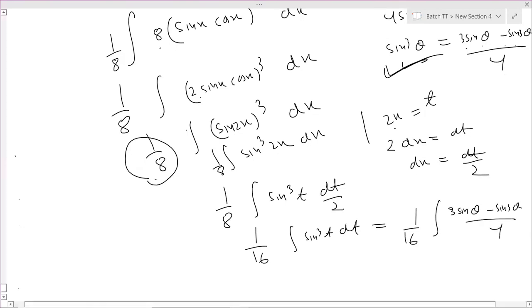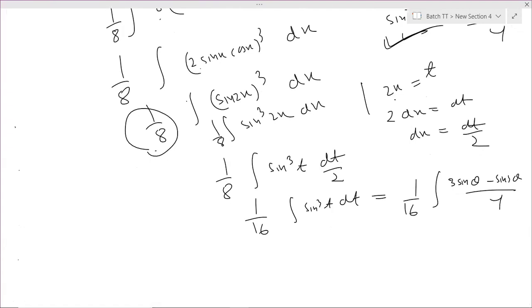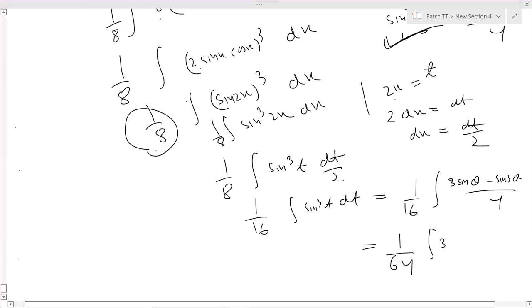All right. Yes or no, everyone? Yes, sir. All right, now this integration is very simple. 16 fours are 64. Integration of 3 sine theta, do not forget the d theta, and please write this as t, my bad.